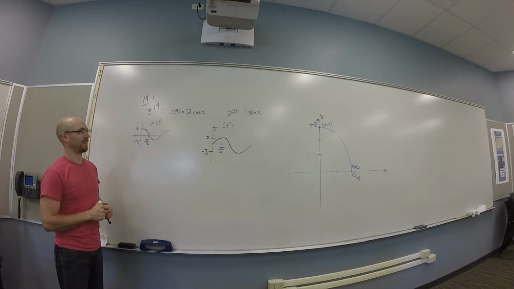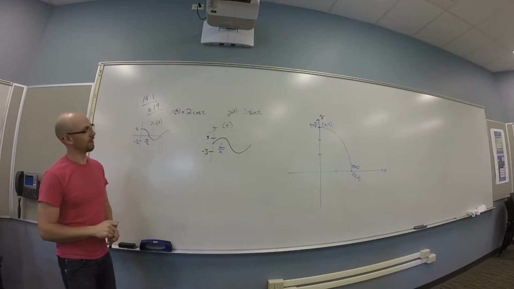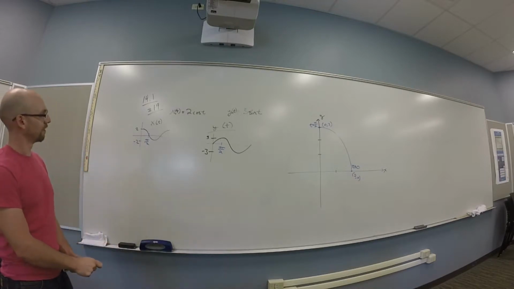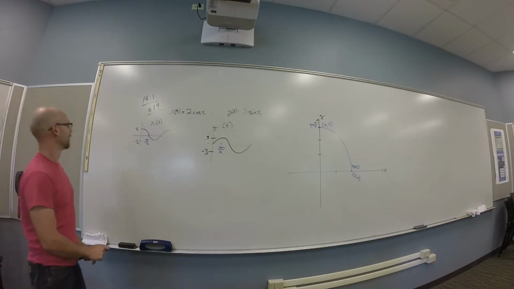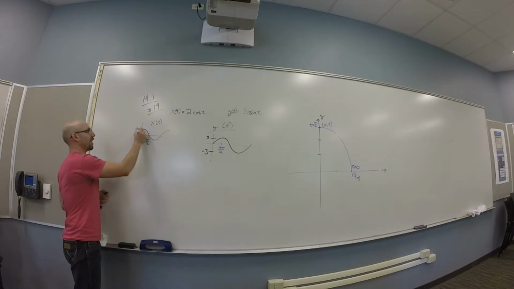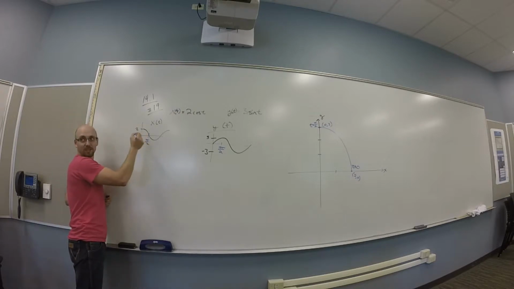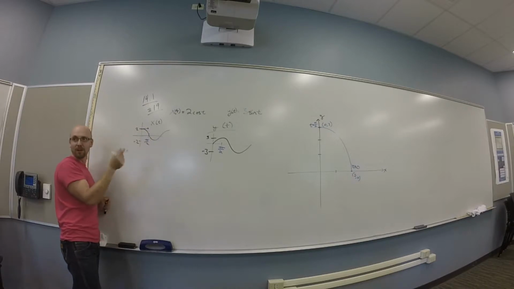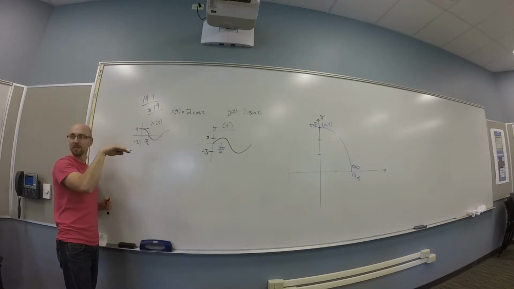Are you reading this from x going from left to right, and then y going from right to left? You said x is going slow and then fast. I'm talking about the rate at which x is changing. At the beginning here, this thing's basically flat, so x isn't changing very fast at the beginning.